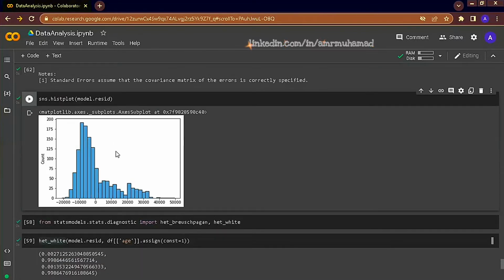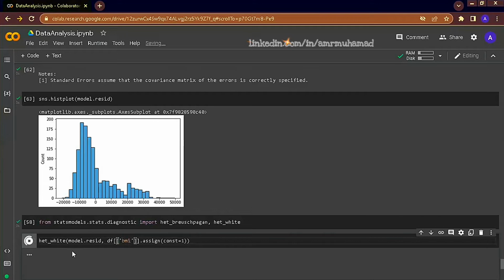We can see here that it's almost normally distributed apart from this tail here, and if we run our tests, we can see that it is significant. This e-26 means this number is very small; there are 26 zeros before this number, so the p-value is significant and it favors the alternative against the null, and we can conclude that there is a heteroscedasticity issue.